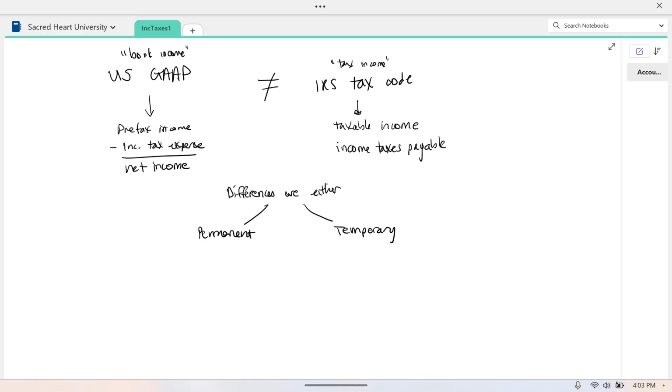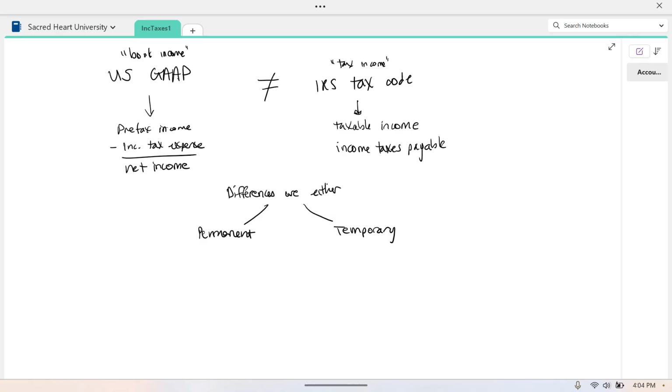The difference is never going to reverse. One example is interest on municipal bonds. If the holder has an investment in municipal bonds, that interest will never be taxed under IRS tax code, but it would be included as part of income, interest income, for US GAAP. That's an example of a permanent difference.